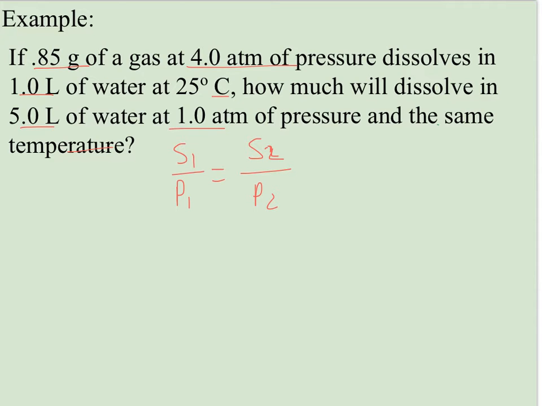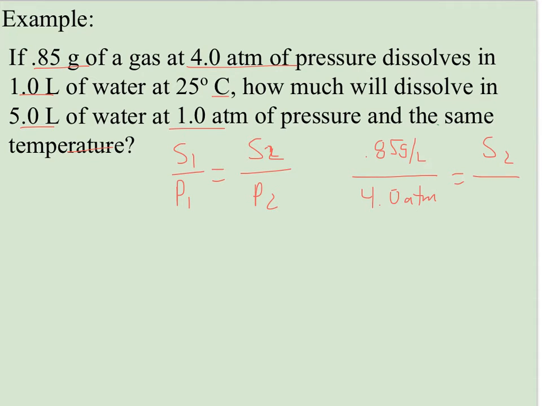So S1 over P1, S1 is 0.85 grams in 1 liter of water. So I could just put 0.85 grams per 1 liter of water, and the pressure was 4 atmospheres. S2, I'm being asked how much will dissolve in 5 liters of water. Well, S2 is what I'm trying to figure out.